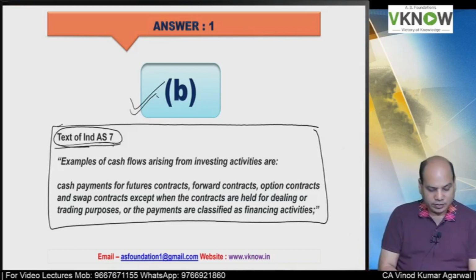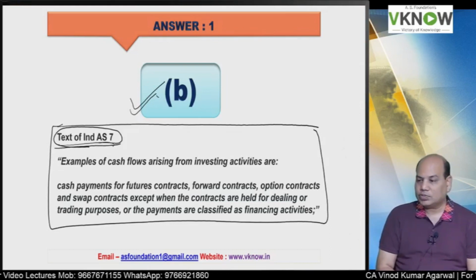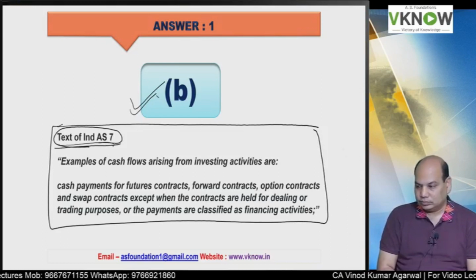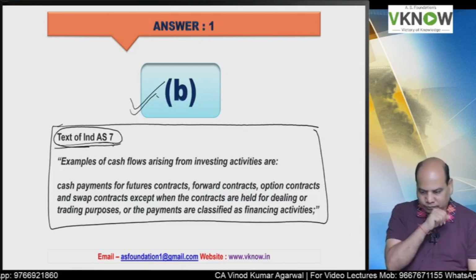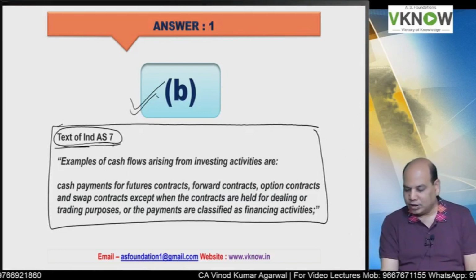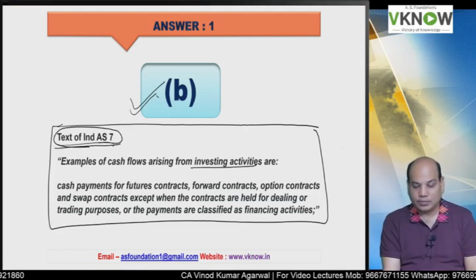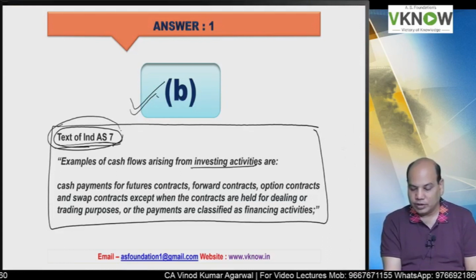Text of Ind AS 7: Examples of cash flows arising from investing activities are. Underline investing activities are. This is the bare text of Ind AS 7.